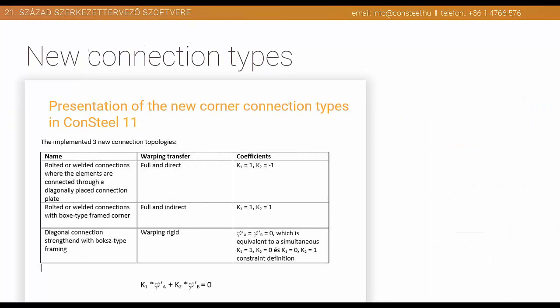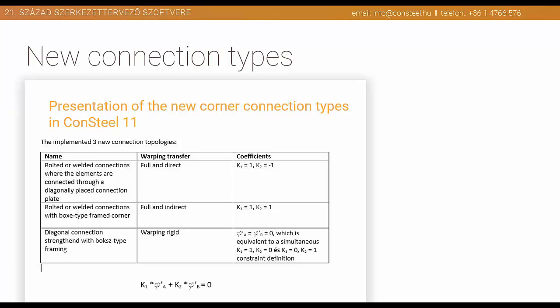This approach, which is summarized in this table, has been published by several researchers. One of the most famous, most well-known is a professor called Basaria, who made several studies on this subject.